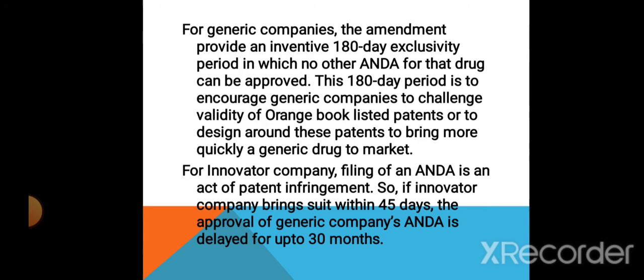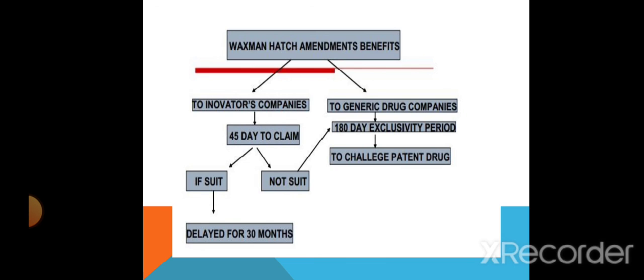For the innovator company, filing of an ANDA is an act of patent infringement. So if the innovator company brings suit within 45 days, the approval of the generic company's ANDA is delayed for up to 30 months. The Waxman-Hatch amendments benefit innovator companies, with 45 days to claim.